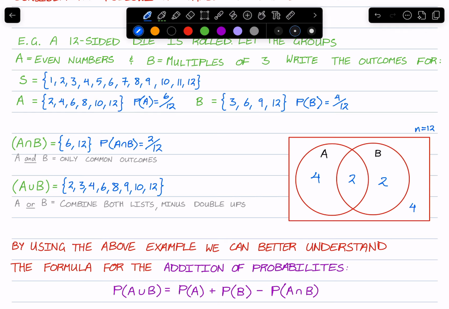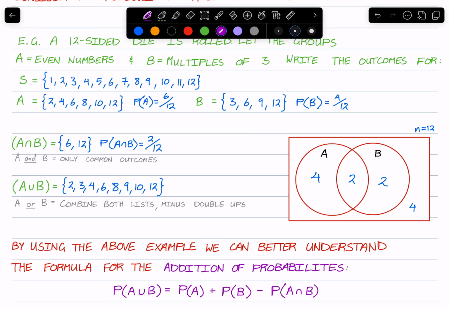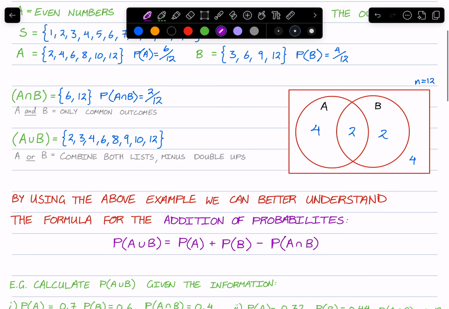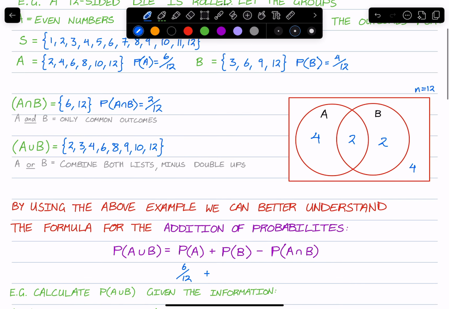Now, if we use our formula with these three, it becomes the probability of A, 6 in 12, plus 4 in 12, minus 2 in 12. Let's take a look again at the logic in that.